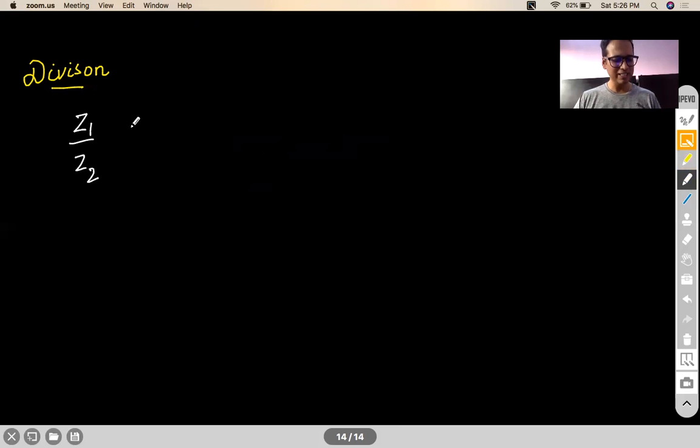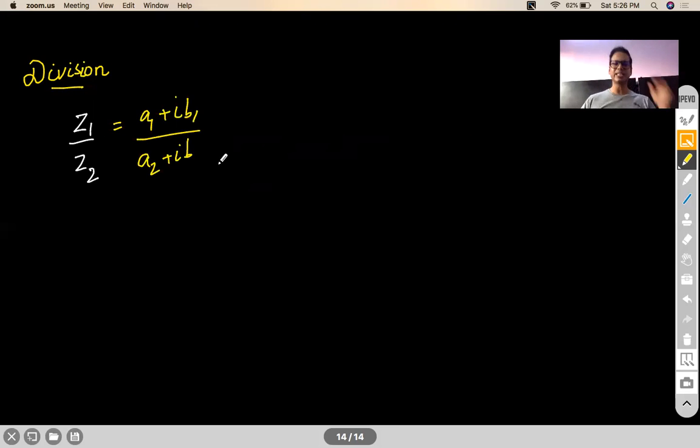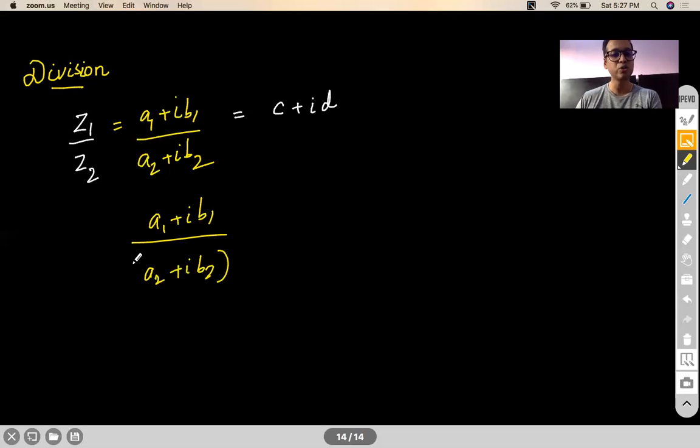If you write these complex numbers in point form, A1 plus IB1 and A2 plus IB2, then normally in our school exams we are asked to write the answer in C plus ID form. So how do I convert it? Here we will need our conjugate's help. I'm going to multiply the numerator and denominator with the conjugate of the denominator.